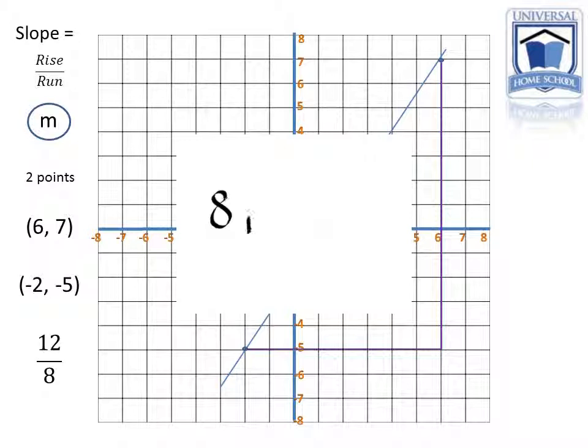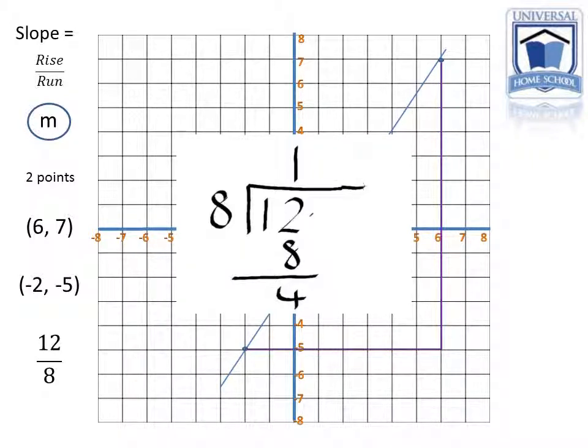Let's work that out. 8 into 12. How many 8s are in 12? Well, there's 1 8 in 12. 1 times 8 equals 8. Take away 8 from 12, which is 4. We're doing long division. Put the point in after the 2. Put a 0 in so we can bring that 0 down to make that a 40.